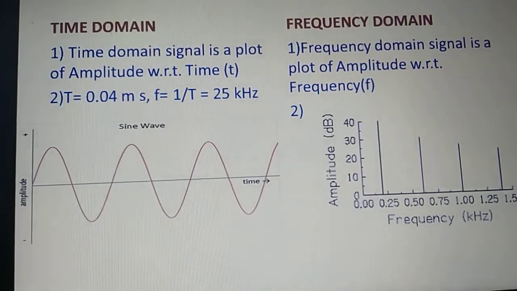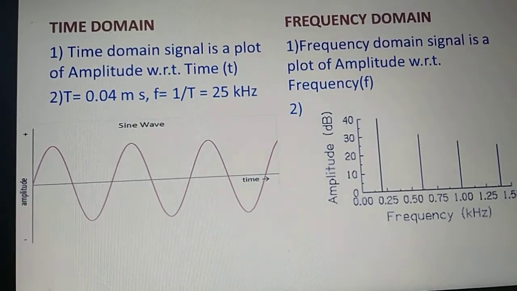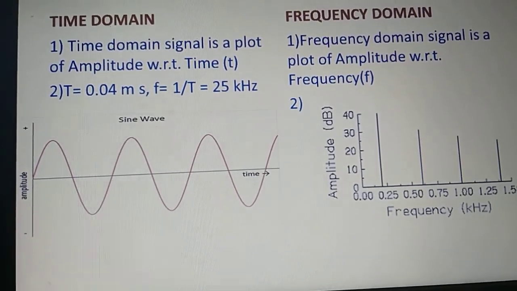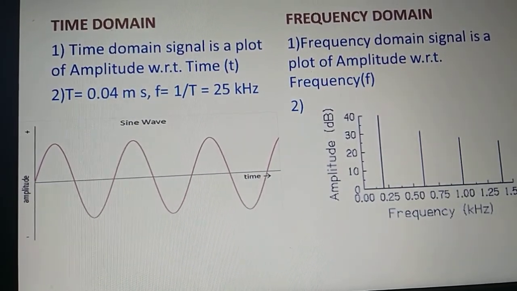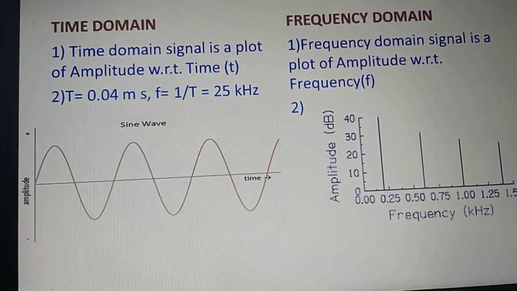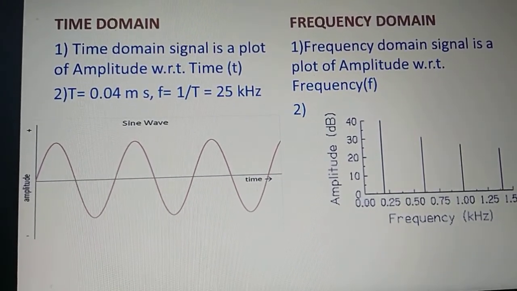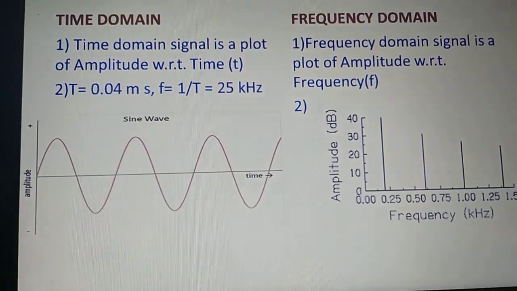Putting T equals 0.04 millisecond, f equals 1 upon T equals 1 upon 0.04 millisecond, and that will give you 25 kilohertz frequency.